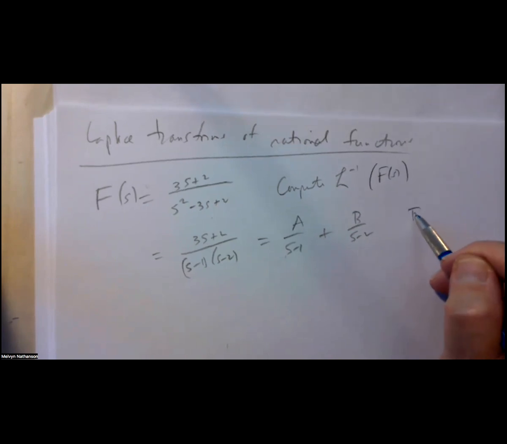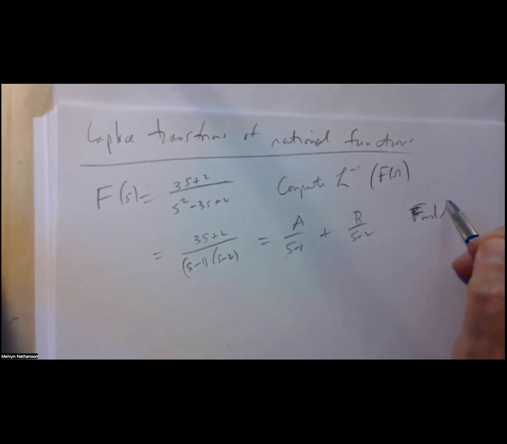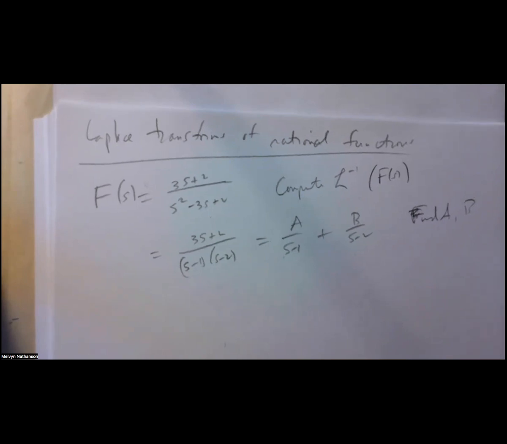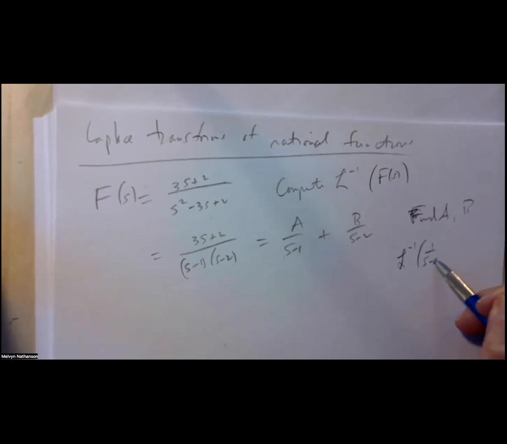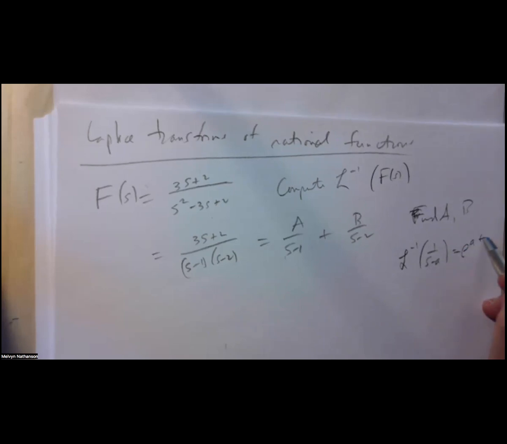And we need to find a and b. What makes this very easy to do is we know that the inverse Laplace transform of 1 over s minus a is equal to e to the at.